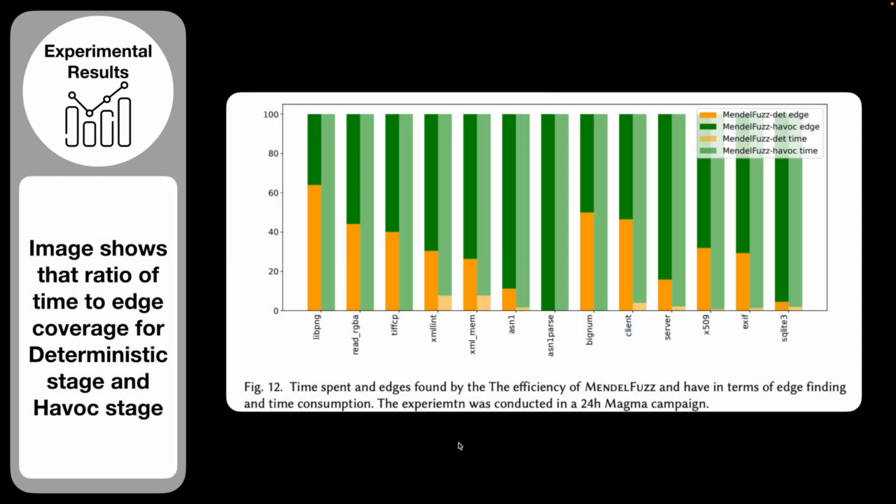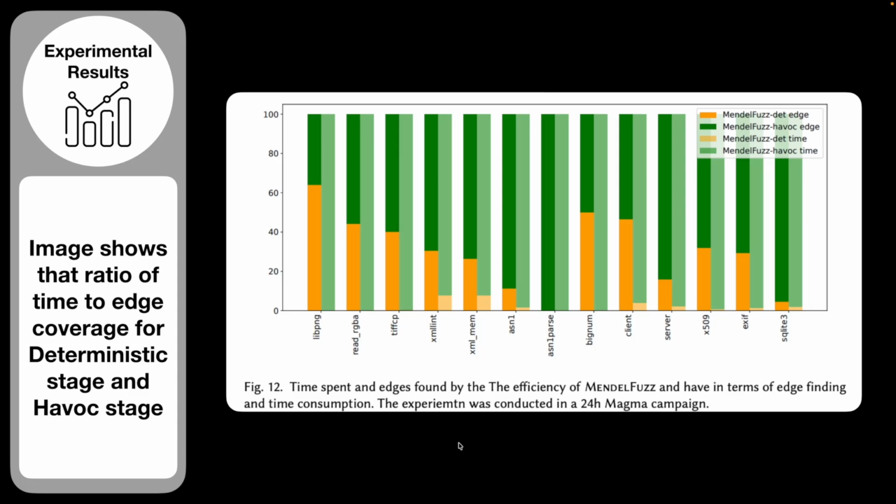Then here was an interesting case where, by decreasing the amount of time they spent on the deterministic stage, they were finding more bugs in havoc. You can also see that now, instead of 90% of the time being devoted to the deterministic stage, 90% of the time is given to the havoc stage.